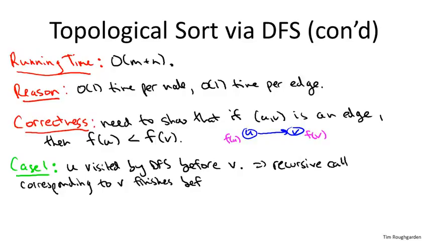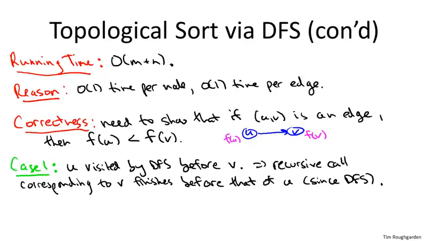So when you call depth first search from U, that recursive call is going to make further recursive calls to all of the relevant neighbors, including V, and U's call is not going to get popped off the stack until V's does beforehand. That's because of the last in, first out nature of a stack or of a recursive algorithm. So because V's recursive call finishes before that of U, that means it will be assigned a larger label than U. Remember, the labels keep decreasing as more and more recursive calls get popped off the stack. So that's exactly what we wanted.